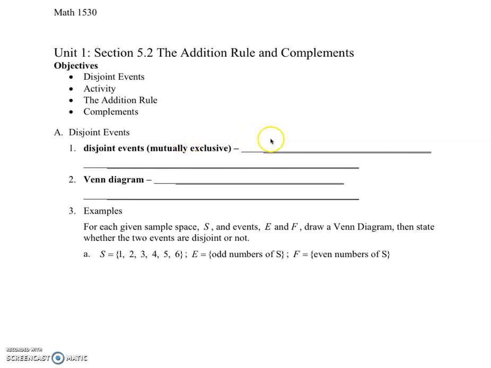A disjoint event, also called a mutually exclusive event, are events that have no outcomes in common.